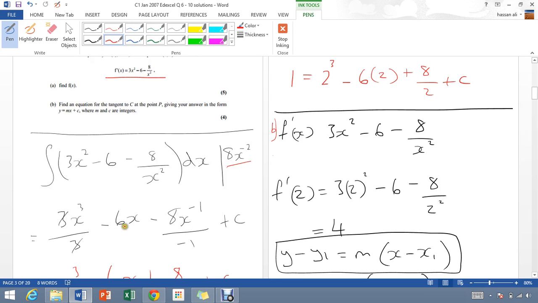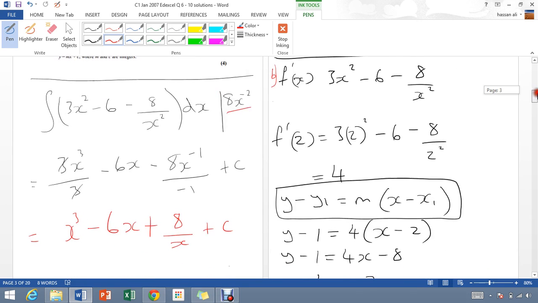Minus 6 will give you 6x, and remember minus 2 plus 1 gives you minus 1, divided by minus 1, plus c. When we simplify this, the 3s cancel, and you get x³ − 6x + 8 over x, because you've got two negatives here, so they cancel, making a plus and leaving you with 8x to the power of minus 1, which can be rewritten as 8 over x, plus your c.